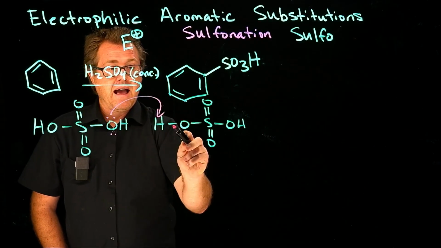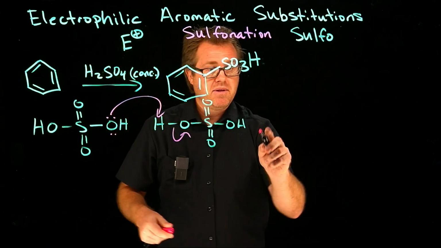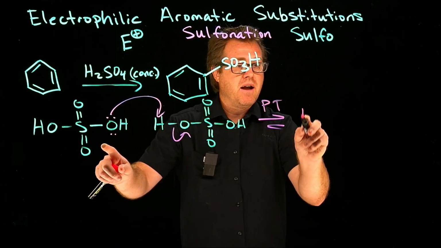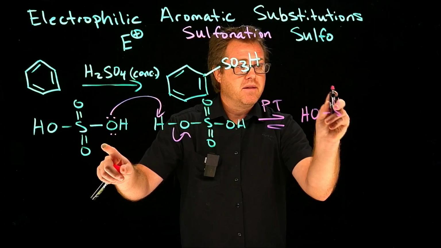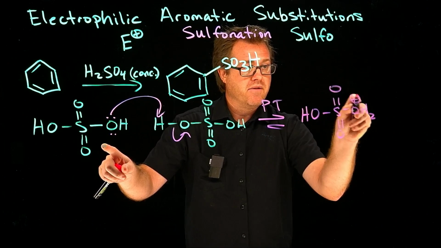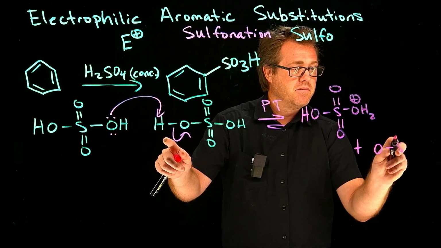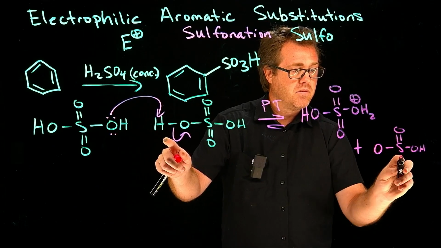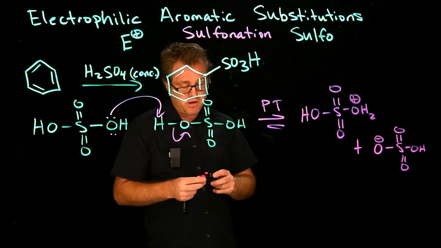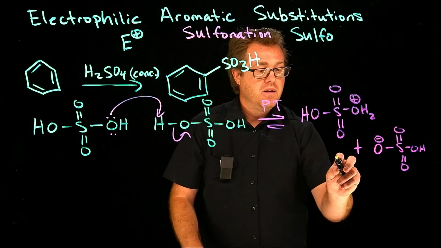We would have to convert it into a good leaving group. That would be a proton transfer mechanism, in which now we have this species right here, 2 plus the conjugate base, like that.